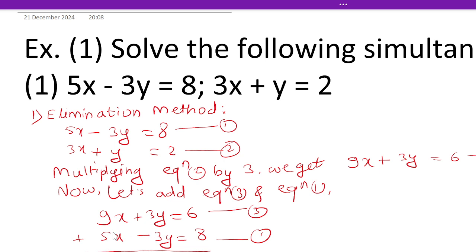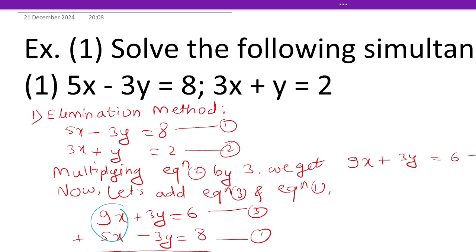See, in here this 9x and 5x, we can actually add. So when we add this, we will get 14x, and 6 plus 8 we will have 14.